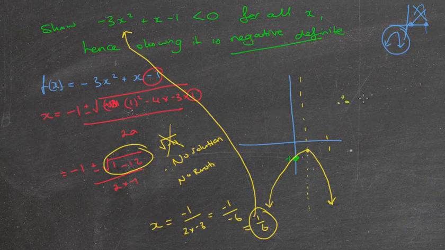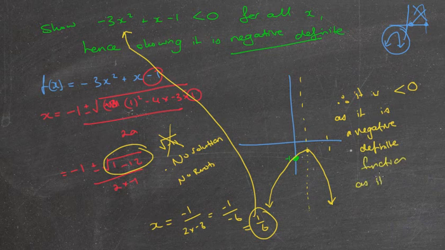So therefore it is less than 0, as it is a negative definite function, as it's under the x-axis, or something along those lines. So as long as you can show that it's going to be underneath the x-axis and it is a negative parabola, you're going to show that it is negative definite.